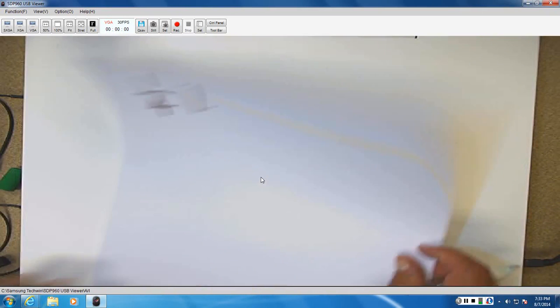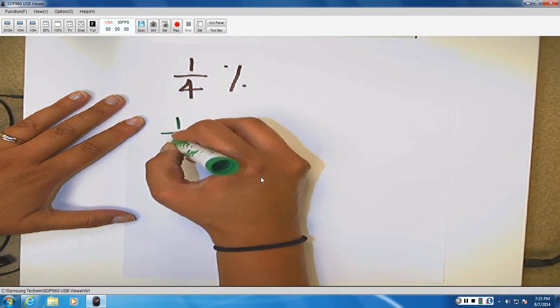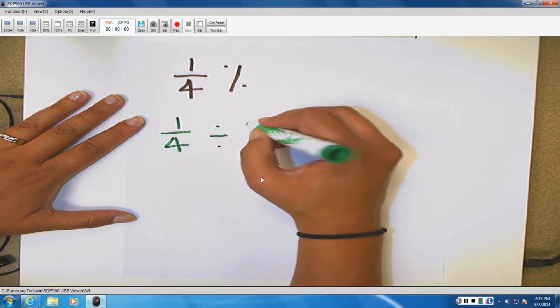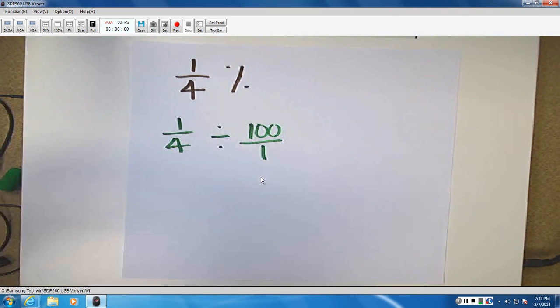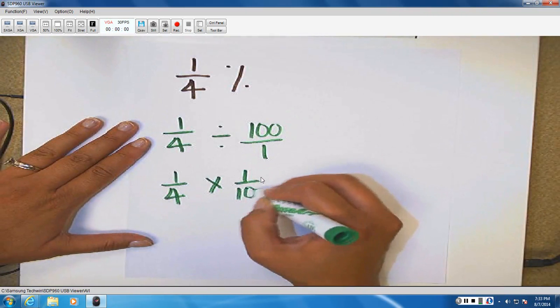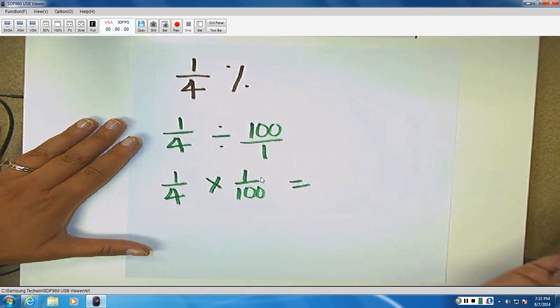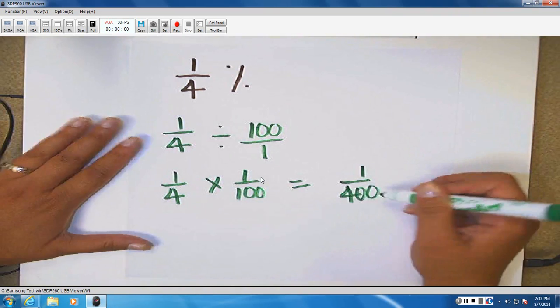The next one we'll work on is 1/4%, taking 1/4% and identifying what decimal 1/4% is. In order to do that, I'm going to take 1/4 and divide by 100. In doing so, I'm actually going to invert that and multiply by 1/100, and I end up with 1/400.